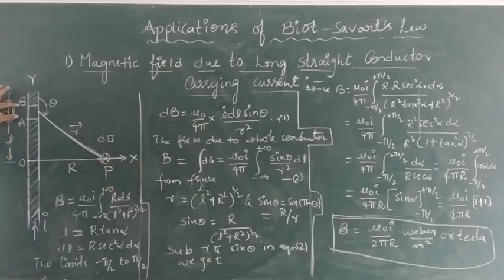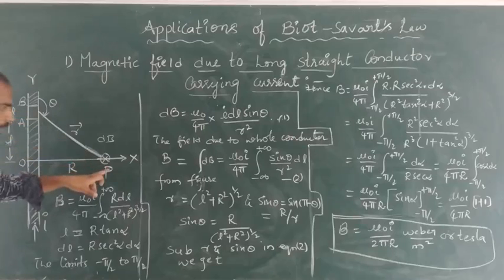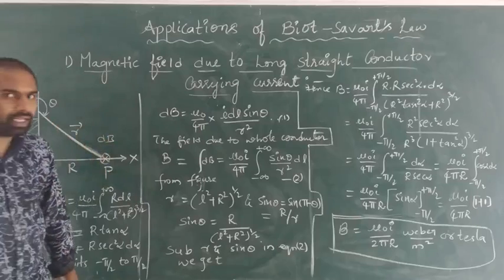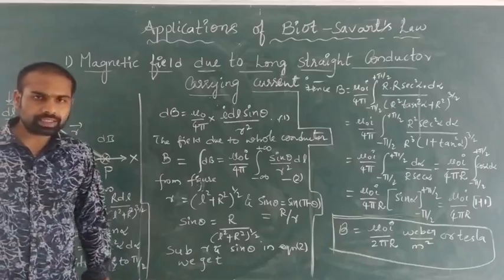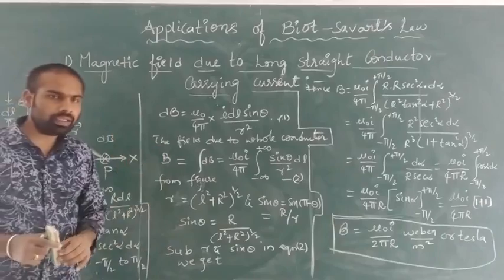From the small element AB to the point P where we are going to find the magnetic field, the distance is r bar, which is a position vector, and the distance from the center O to the point P is capital R. These are the considerations we took on the diagram.